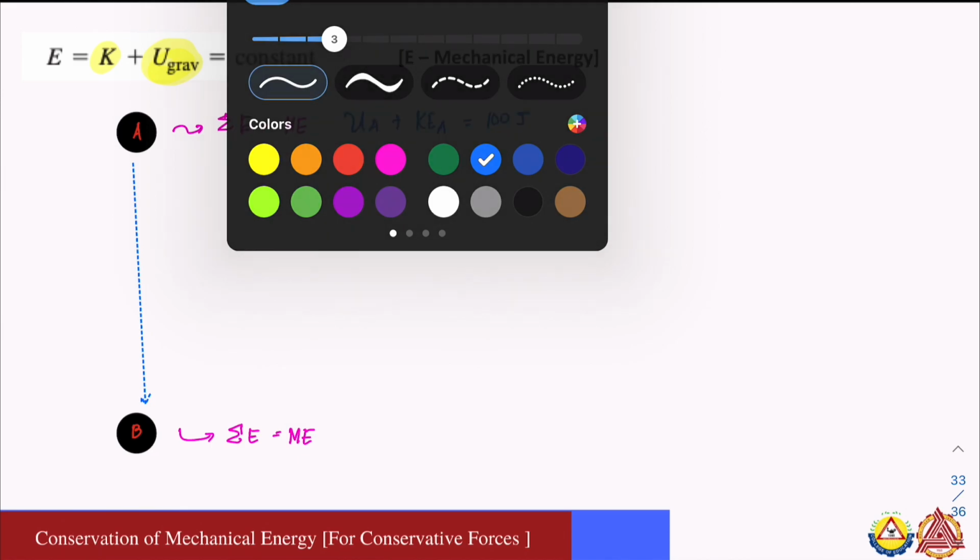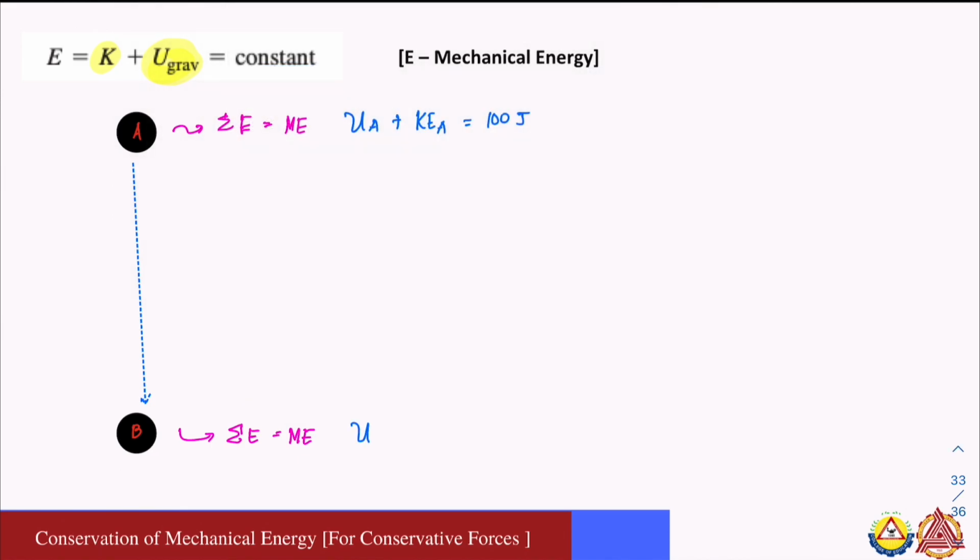So going back over here, the potential energy at point B plus the kinetic energy at point B must also be 100 joules. That is just what the conservation of energy means in this case.